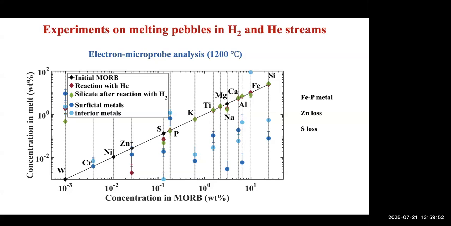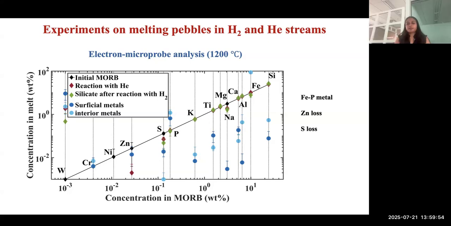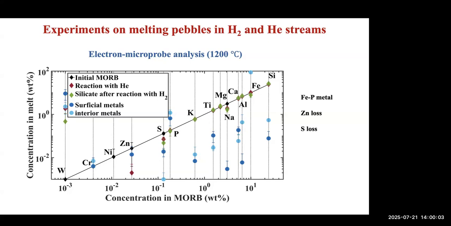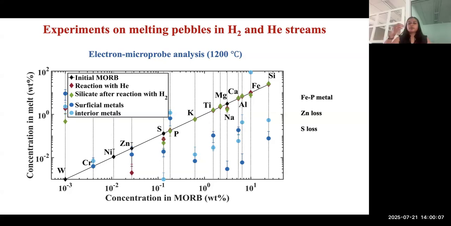Yeah, absolutely. In this experiment, I'm trying to replicate what is happening if this is the Earth's surface and its atmosphere, and the pebble is just falling through the atmosphere. It's like a pebble rain, right? Now a lot of things will happen. I'm showing what's happening here in midair. It will go through the magma ocean.